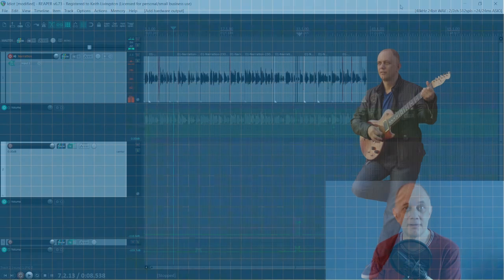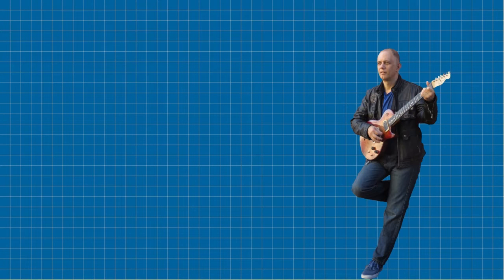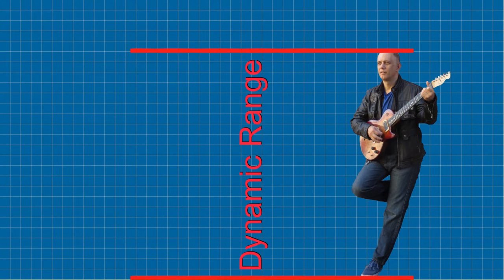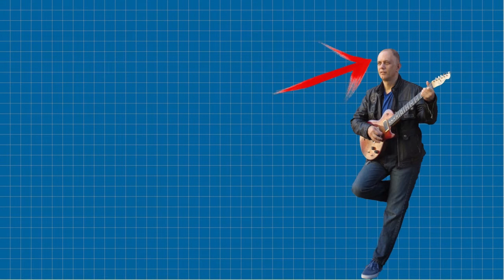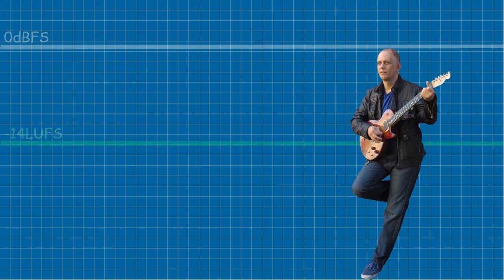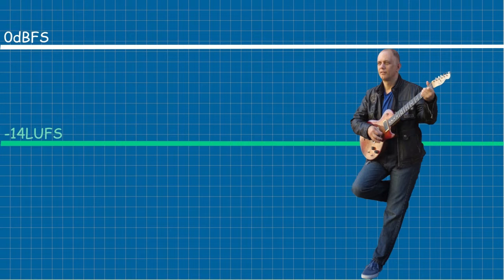Let me explain. Imagine this idiot represents the dynamic range of a piece of music. His bulbous head represents the loudest parts and his feet the quietest. The average level would be right around his crotch. So remember, his crotch is average. Now let's get our track to minus 14 LUFS. But remember, we don't want to go above 0 dB true peak, because that would mean distortion.